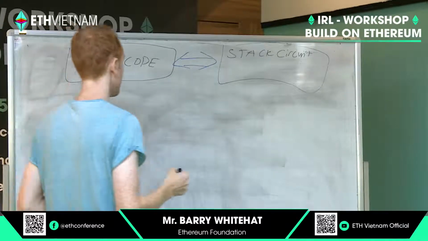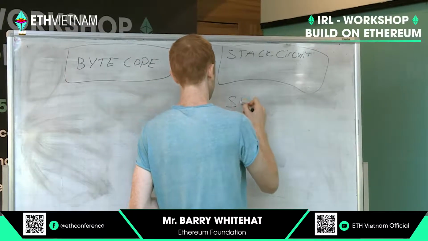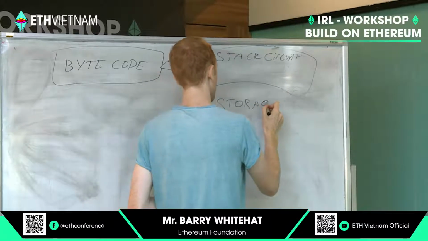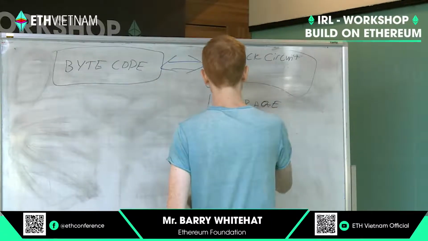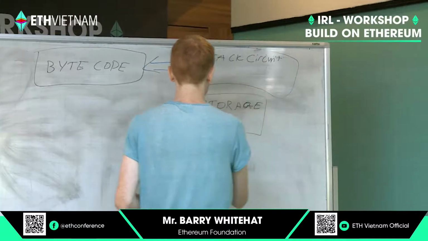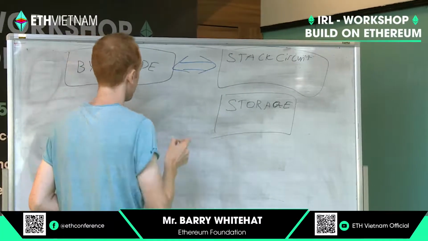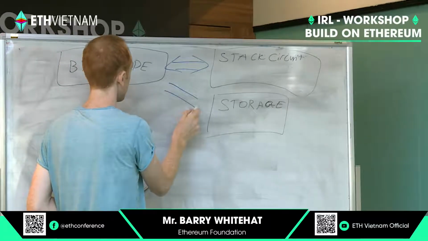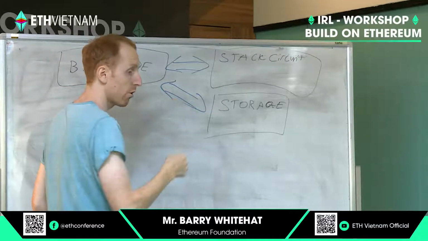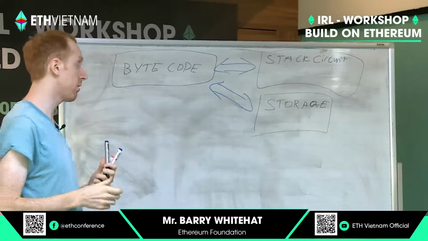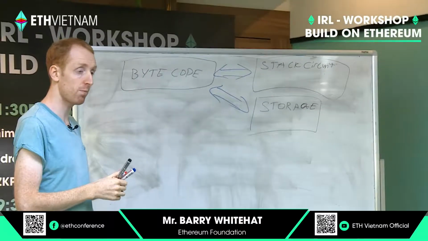So we have our storage. Our storage needs to talk to our bytecode circuit as well, because our storage is where all of our storage values come from, but it's also where we load the actual bytecode from.